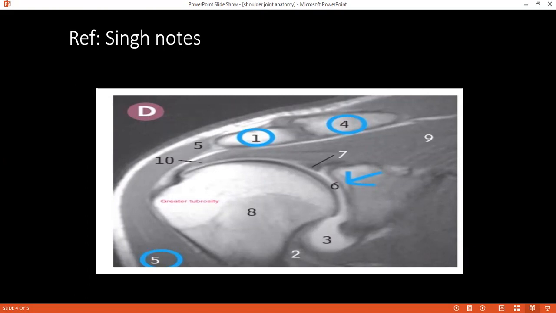Can you please tell me what nerves are in close proximity to the shoulder joint? The axillary nerve. Can you please tell me how the brachial plexus is formed? The brachial plexus is formed by the cervical roots from C5 to T1.